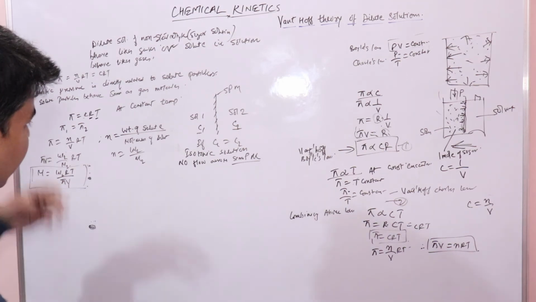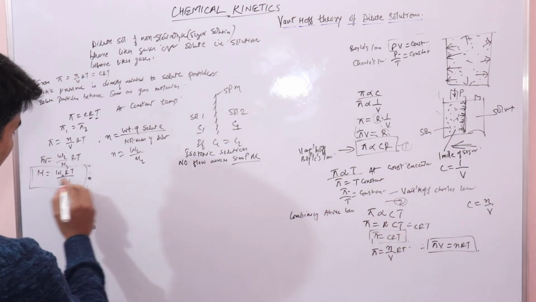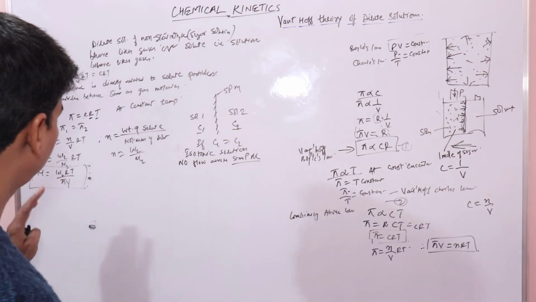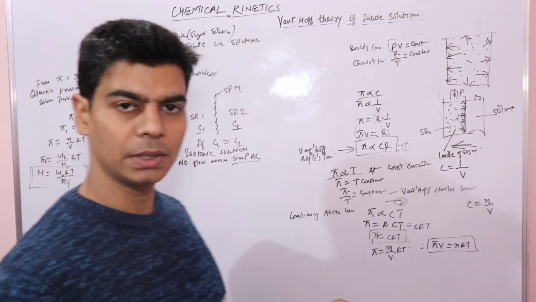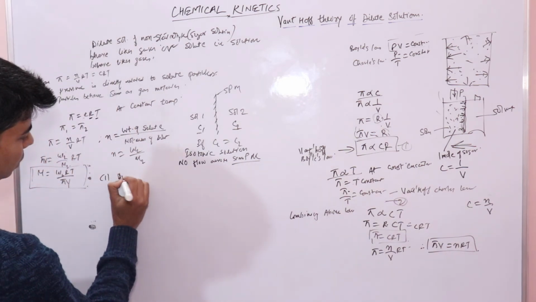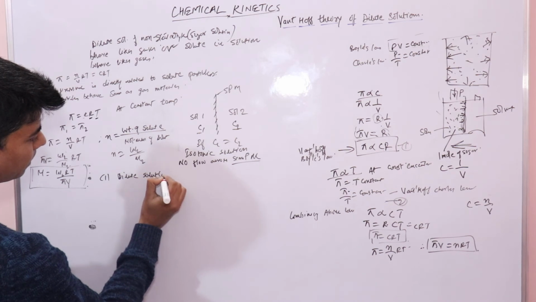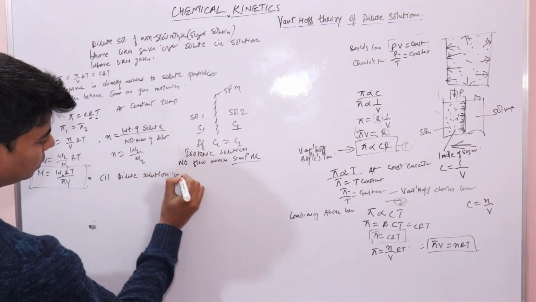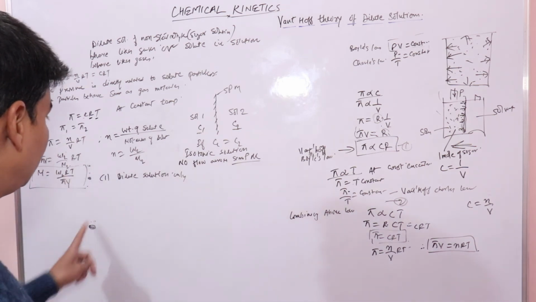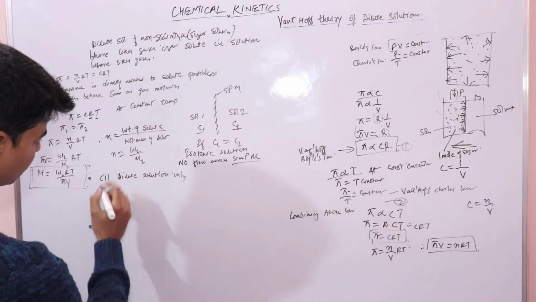One thing again, like we have been doing before also: since it's a colligative property, this formula applies to dilute solutions only. This relation and this formula apply to dilute solutions only.